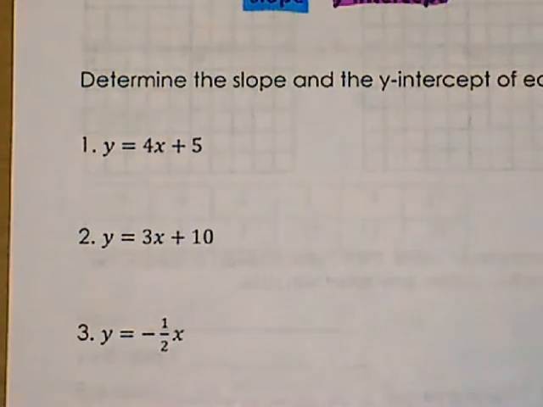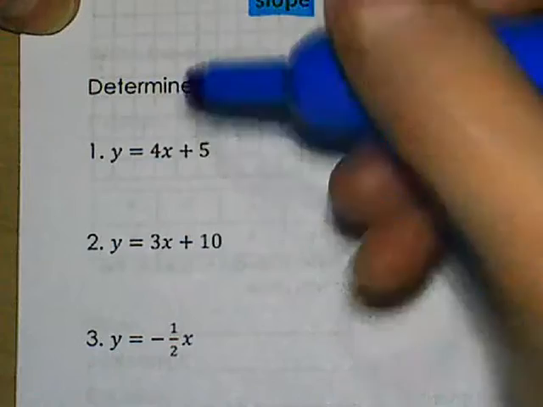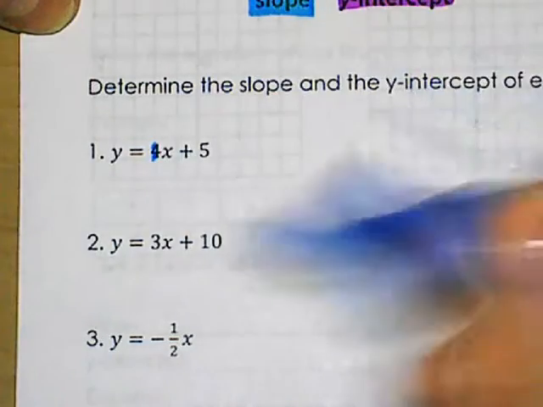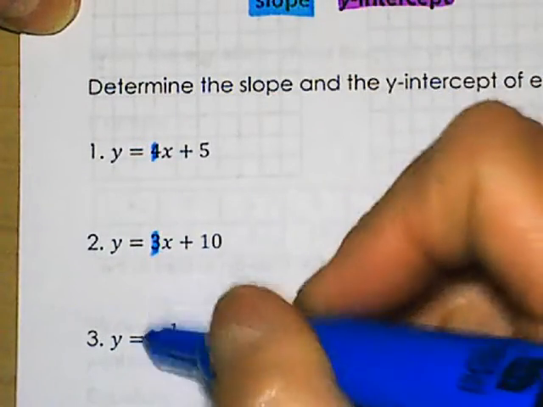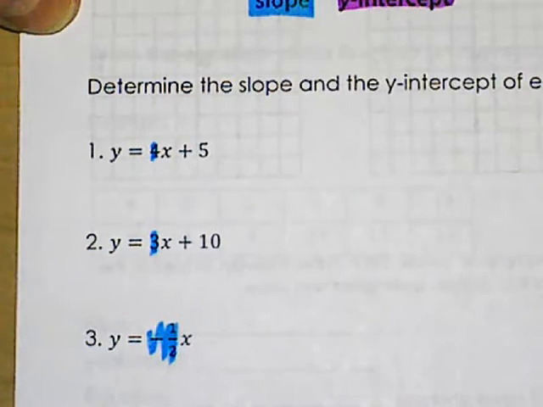Let's go through 1 through 5 and highlight the slope that is next to the variable in blue. So for number 1, I'm going to highlight the 4, the 3, the negative 1/2, the 4, and the negative 5.